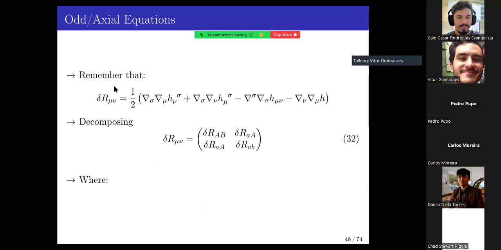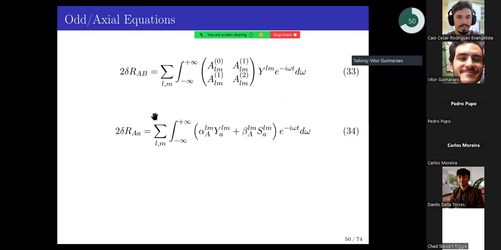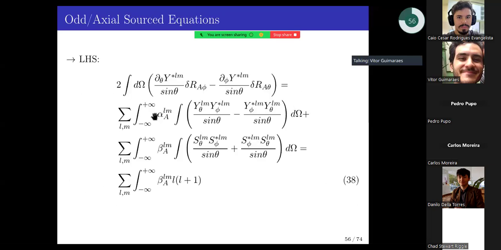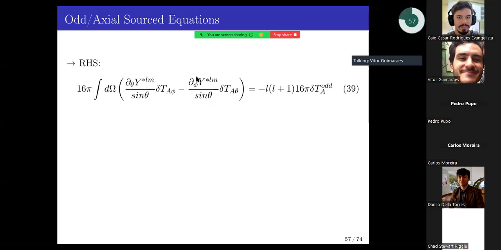Since the perturbed Ricci tensor is equal to some constant multiplying the perturbed T mu nu, what happens here, we just reproduce in the same manner on the left-hand side, which is exactly what we did here. So we took these components, which are exactly equivalent, right? So we do the same here.